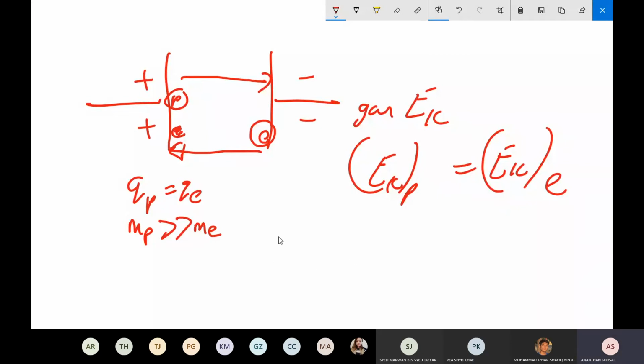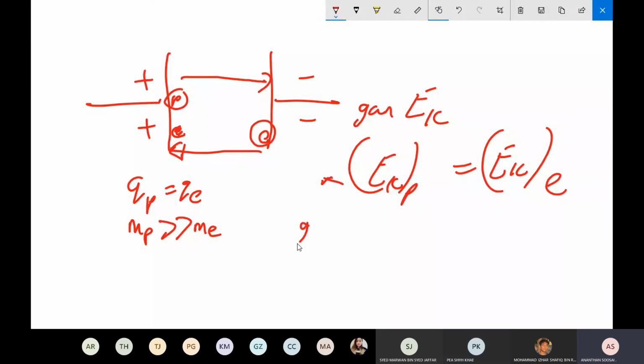You can WhatsApp me the answer. Same, different? Or you can tell me now. Is it the same? So it's going to be the same kinetic energy.